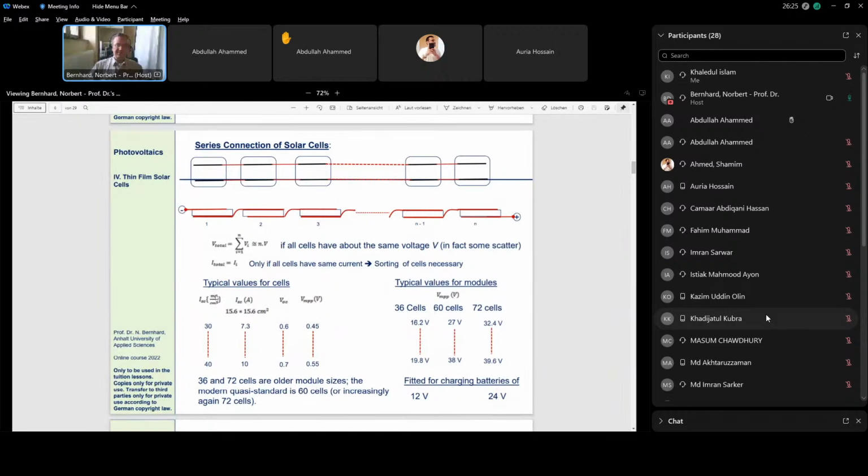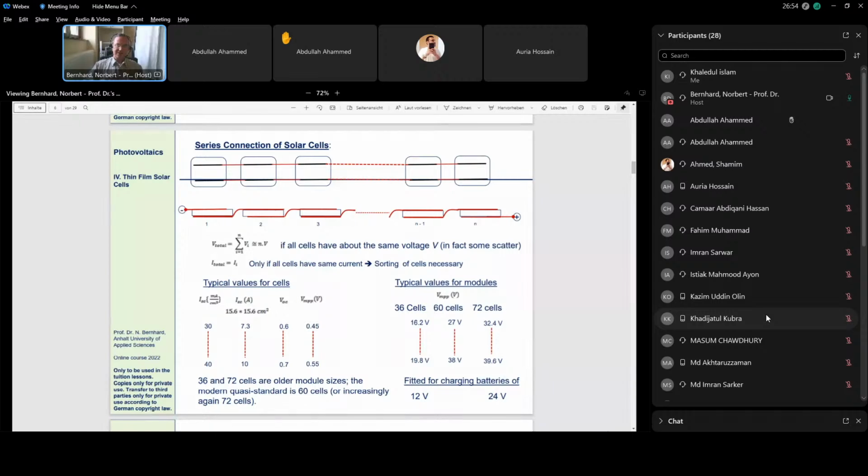Okay, here I will give you some typical values for cells. The first one is the short circuit current density, because the current density, of course, is a physical parameter. It's clear that the current scales with the cell. 15 times 6 times 15 times 6 was for a decade the dominating size, and is still the dominating cell size.